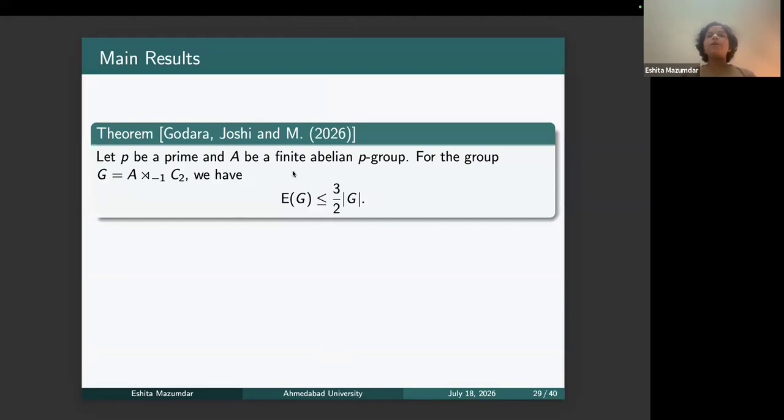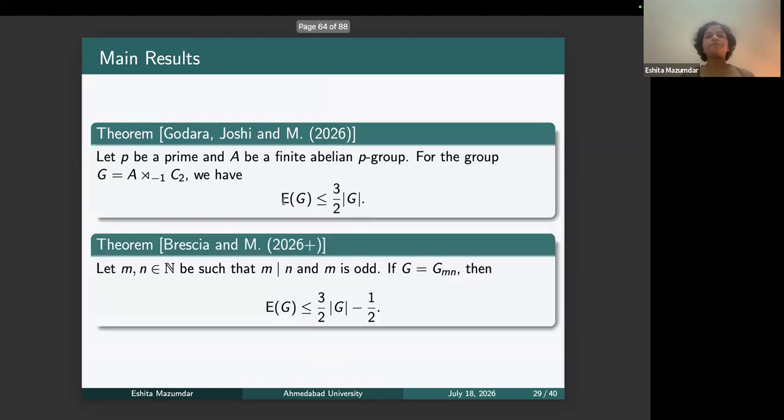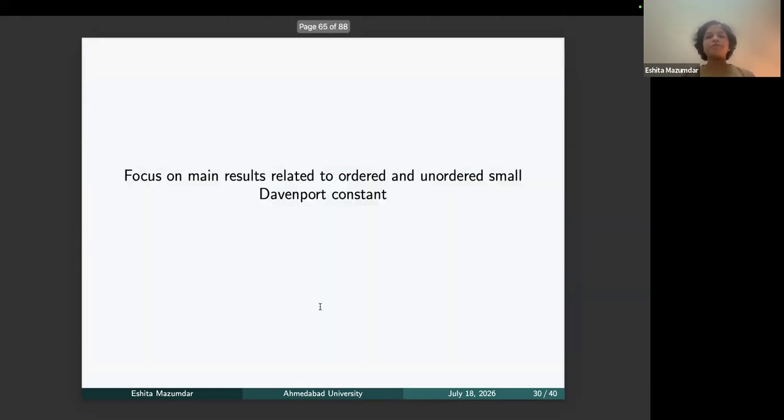We consider A to be a finite p-group and G to be like this, and we prove that the conjecture made by Gao and Li is true. You can see that this is an even order group, so that had not been covered earlier. Recently, we considered the metacyclic group where m divides n and m is odd, and we proved that the Gauss constant is smaller than this quantity, so that also proved that the conjecture Gao and Li had given was true.